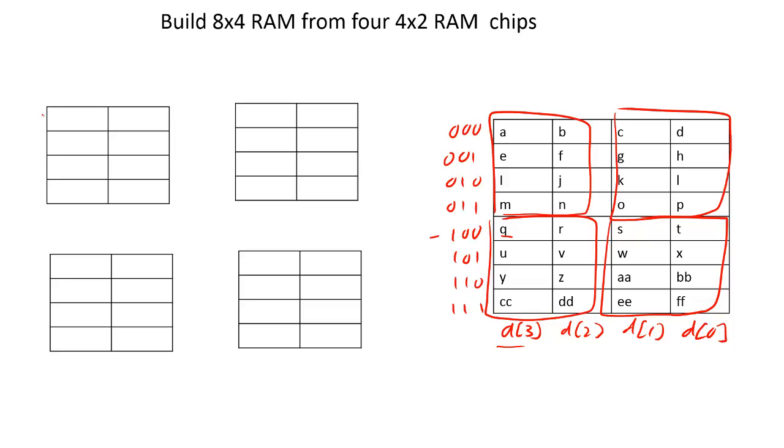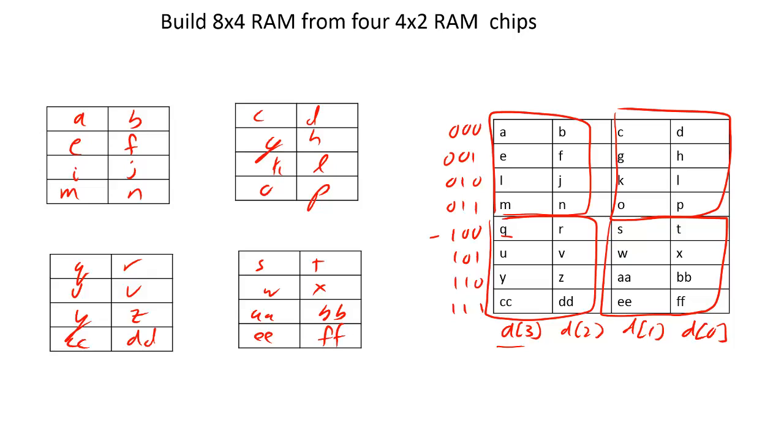So I could have A, B, E, F, I, J, and N in this block, and C, D, G, H, K, L, O, P in another, and so on. So I can chop all of this up into these different locations.